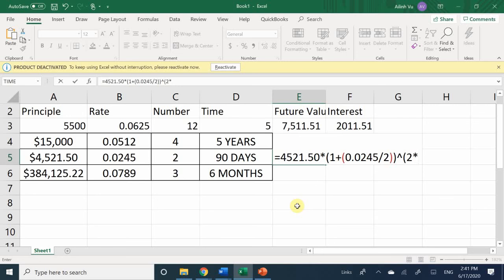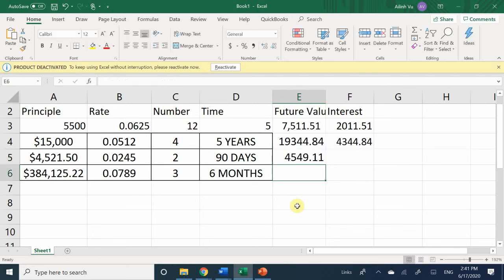Okay, now careful. This is 90 days. So what is 90 days in terms of years? 3 months. And what is 3 months in terms of years? David, you are right, it is a quarter. So times 0.25.